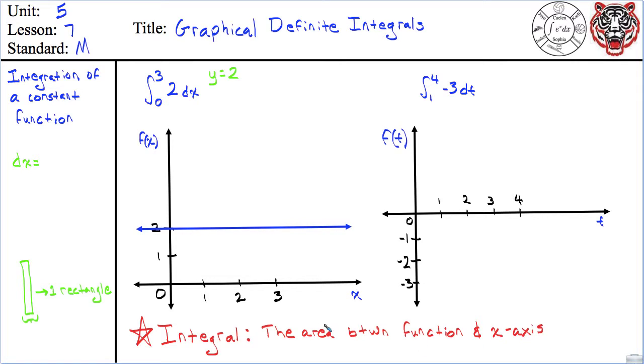The weird thing here is that you can have a negative area if it's below the x-axis, so just be aware of that. So let's go ahead and look at our function again.